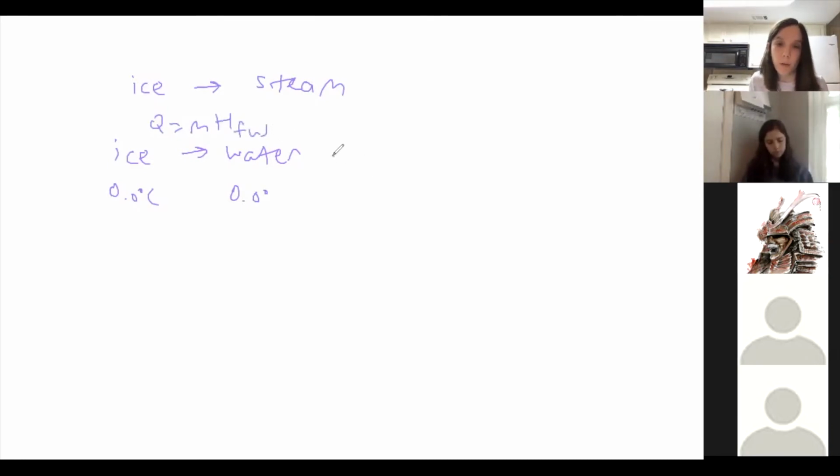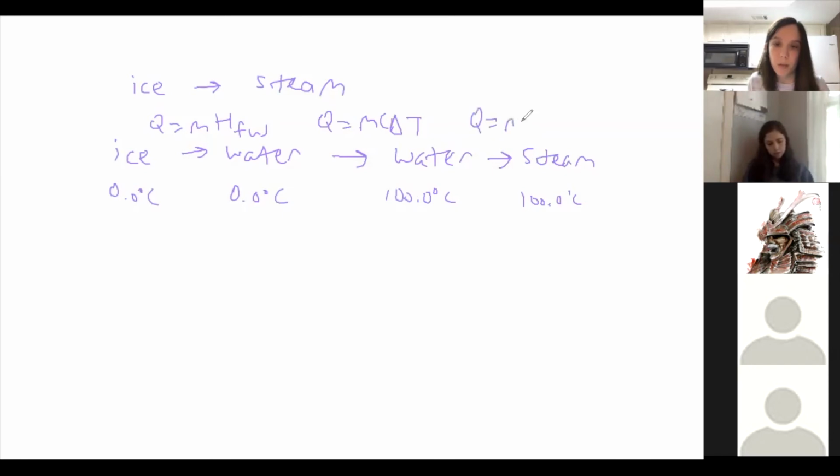Then we're going from water at 0 degrees Celsius to water at 100 degrees Celsius. That's the boiling point of water. So there's a temperature change here, so we use Q equals MCΔT for that. And then at boiling point, water will turn into steam, and it will stay at 100 degrees Celsius as it turns into steam. And so then we would use Q equals M times heat of vaporization for that.